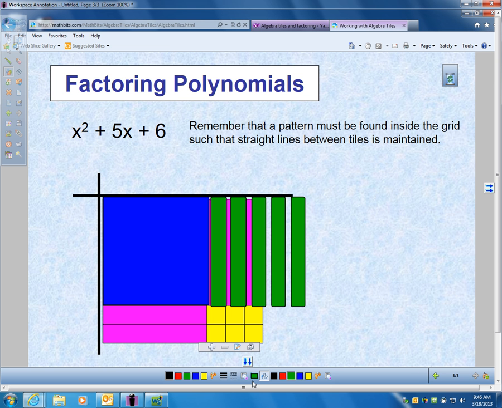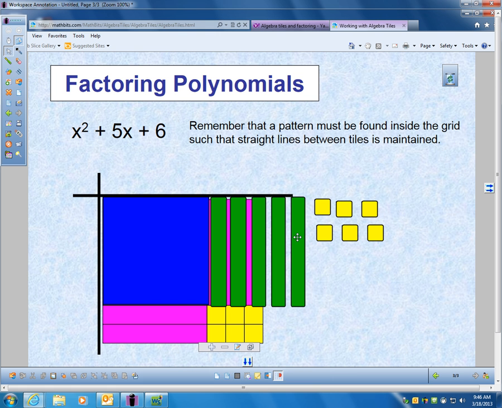Okay, and then I got to get out 6 of these unit tiles. So I'll try to make these as best I can. 1, 2, 3, 4, 5, and 6. Well, you notice if I arrange them in this manner, there's no rectangular shape. So what I can do then is start dragging these things and trying to twist them.